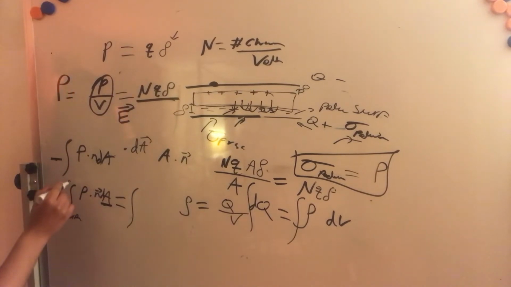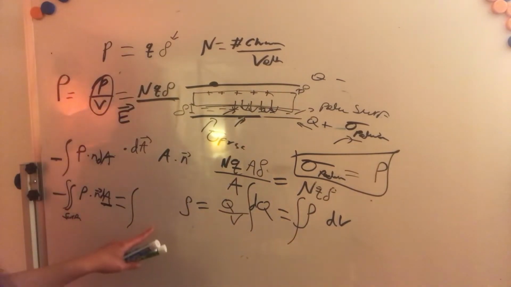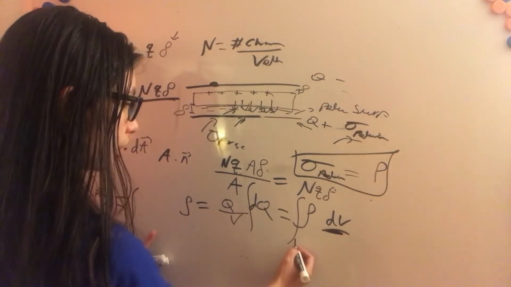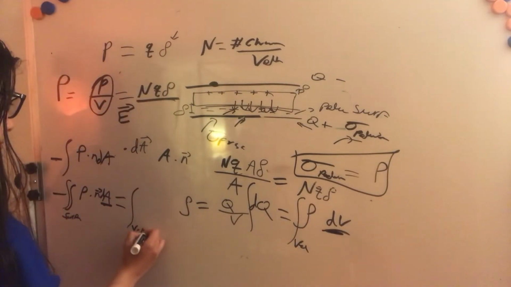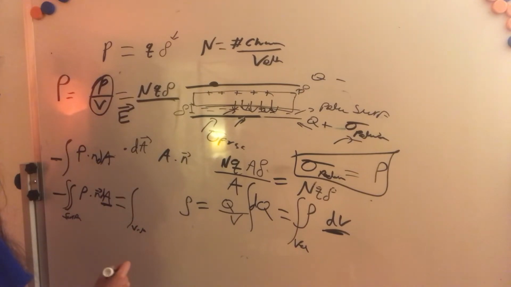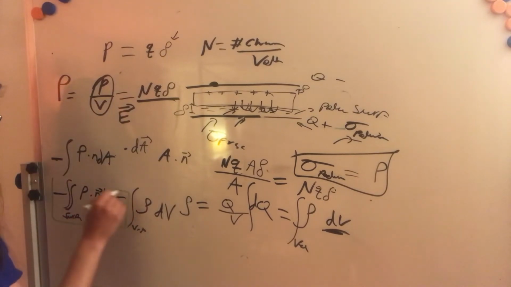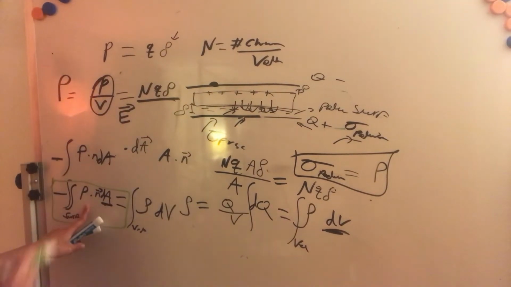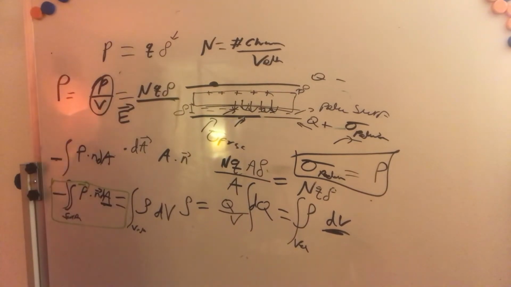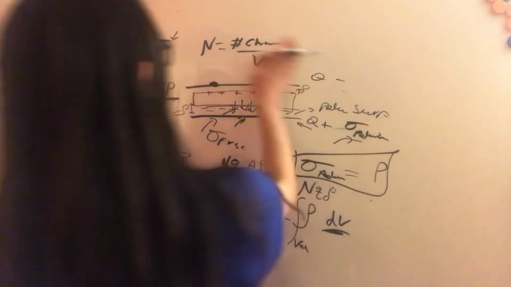You can also put another integral here, and here we are integrating with dV, so this is a volume integral, or you can put a triple integral here of the volume charge density times dV. Now, whenever we have this shape of a vector field dot the normal vector with the area, we can put this by the mathematical theorem of Gauss.